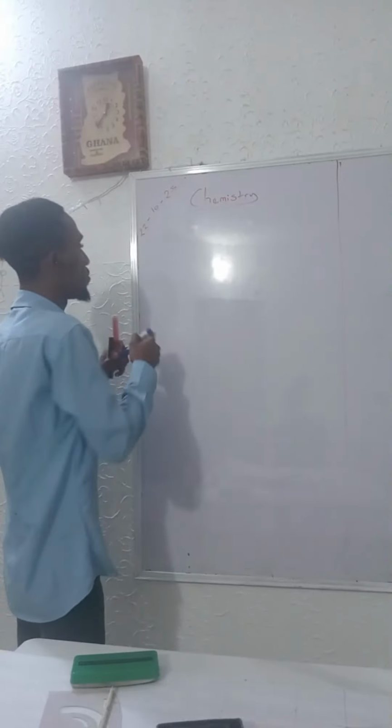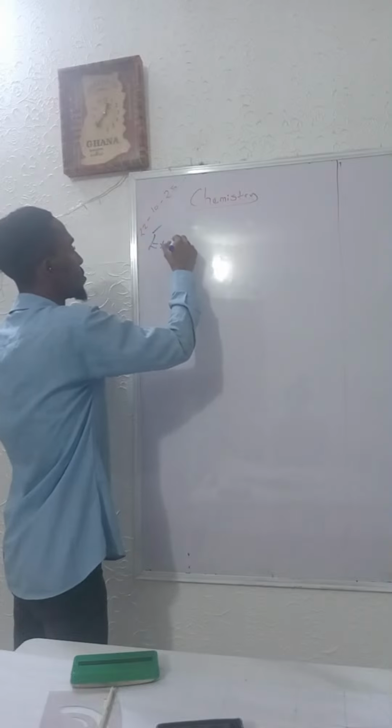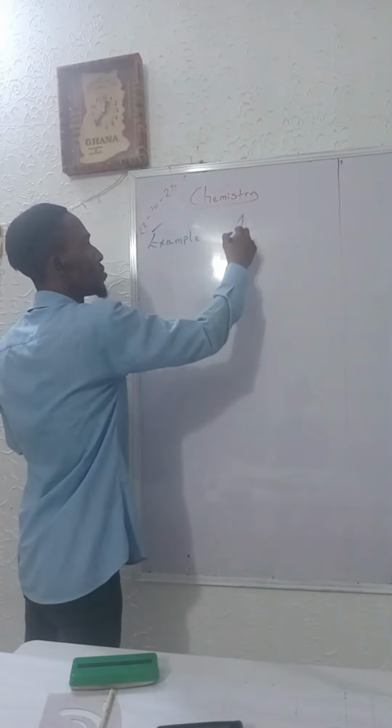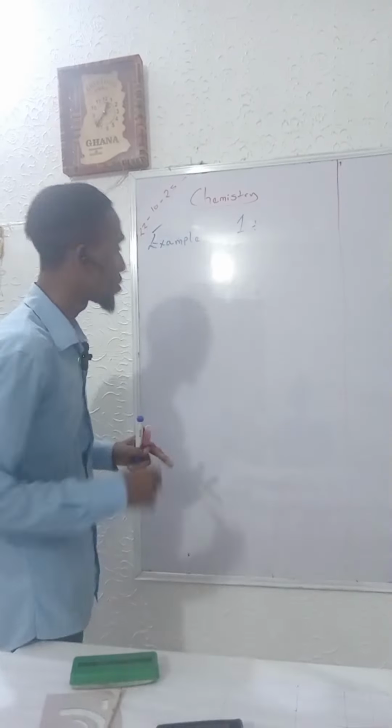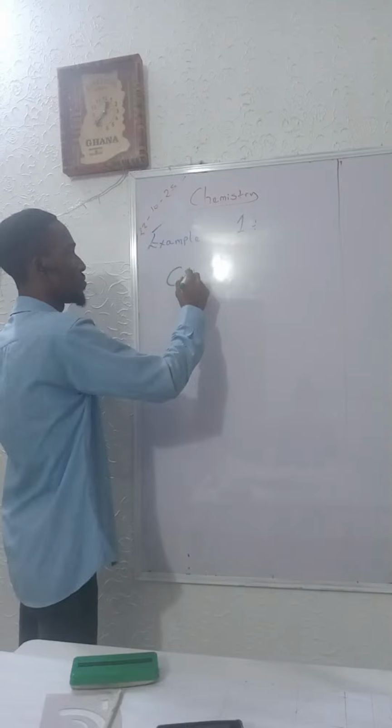Example 1. We have a compound that goes like this. Is the green showing?